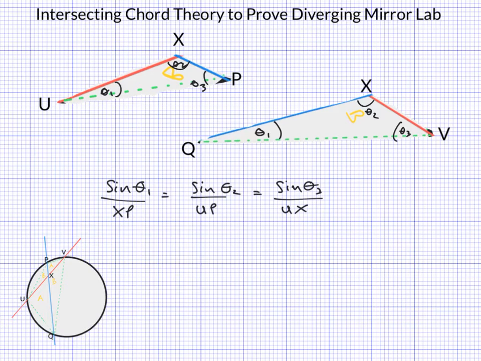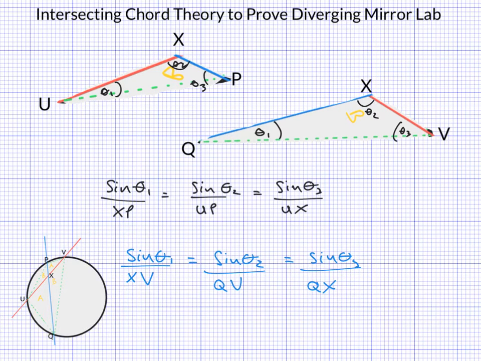So that's for triangle 1. Let's do it for triangle 2. So it's going to be the same principle. So sine theta 1 over the length XV is equal to sine theta 2 over QV, which is equal to sine theta 3 over QX.